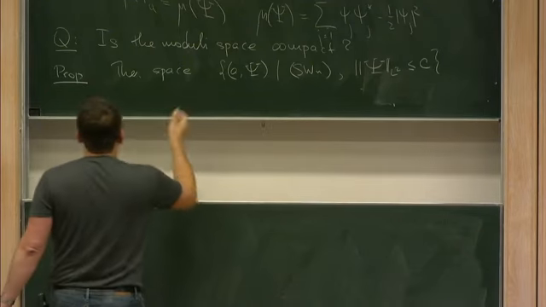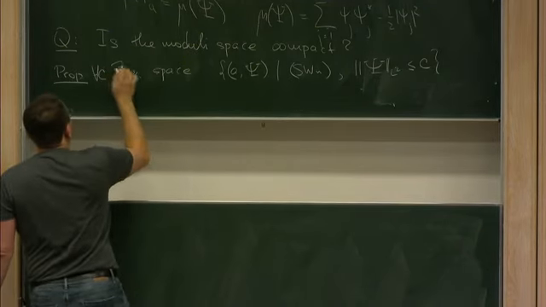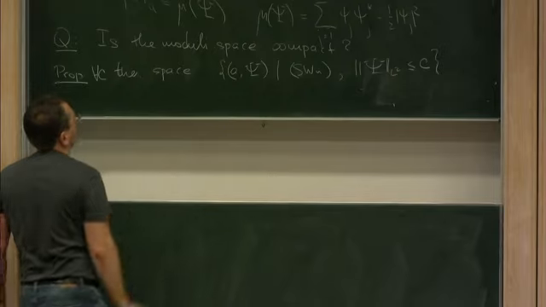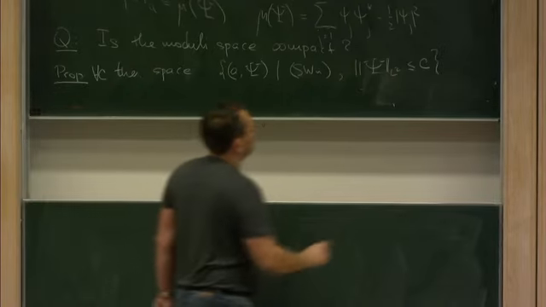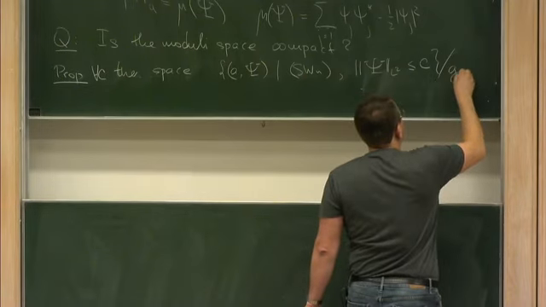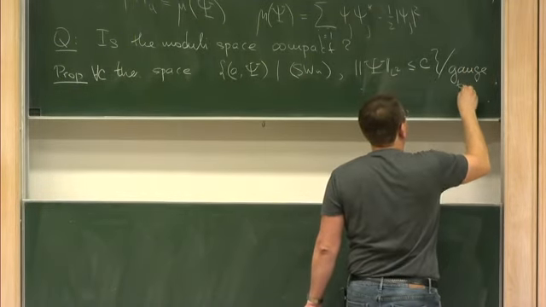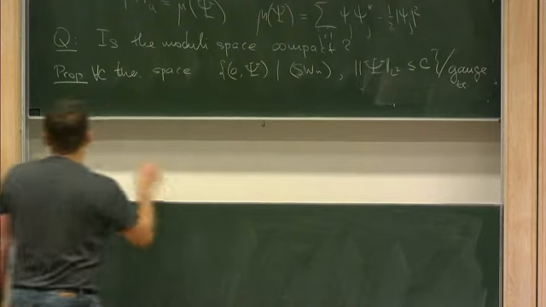Then for any C, the space of solutions modulo gauge transformations is compact.